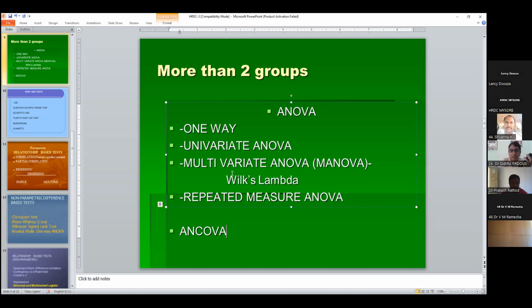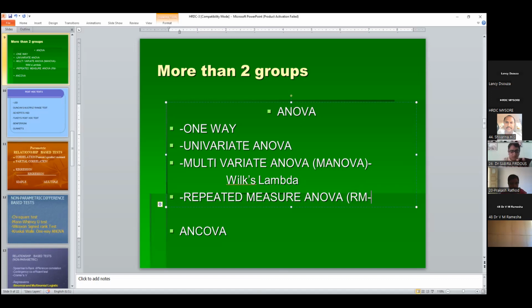So if that is multivariate ANOVA, then another type of ANOVA is called repeated measure ANOVA. When you talk about repeated measure ANOVA, it's also called RM ANOVA. How many of you know about this?